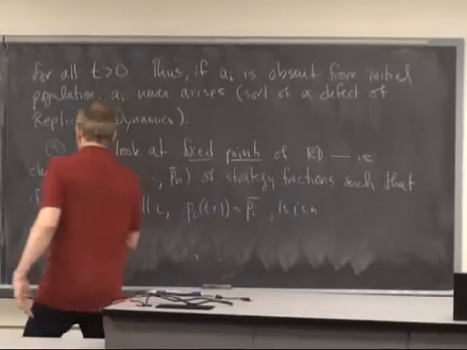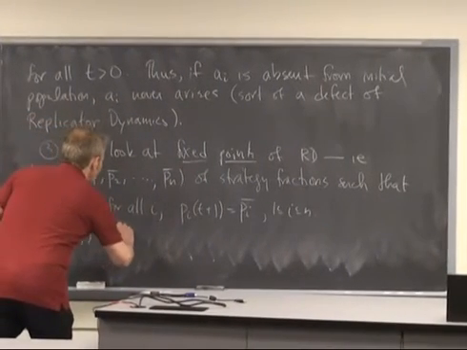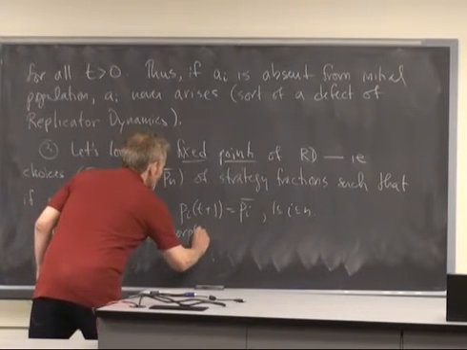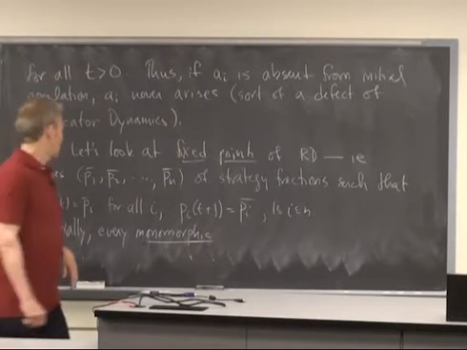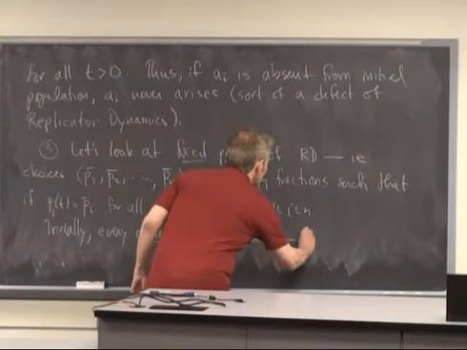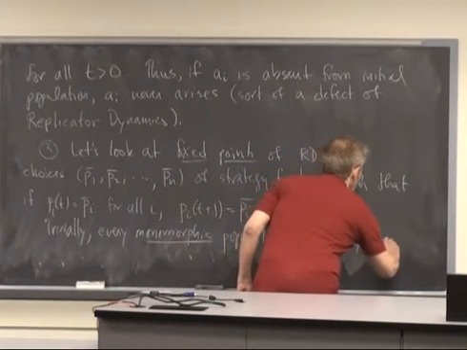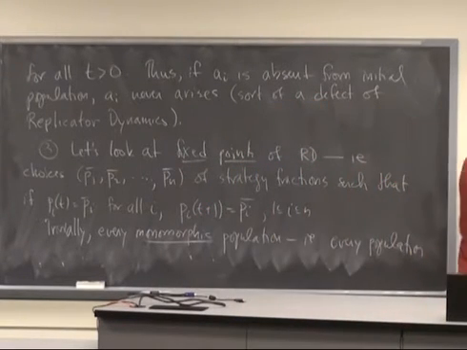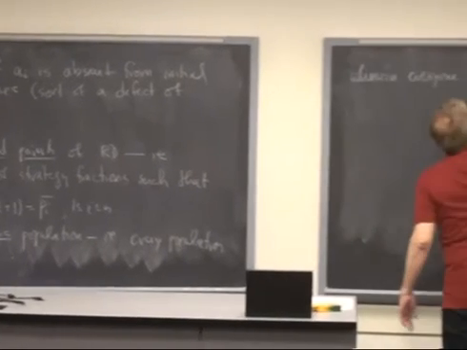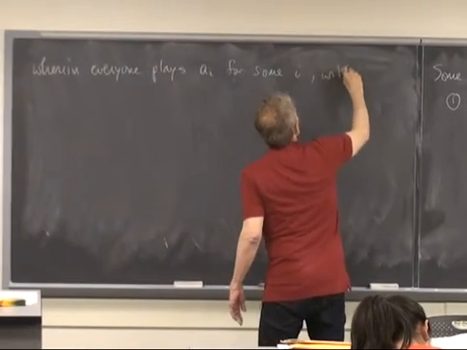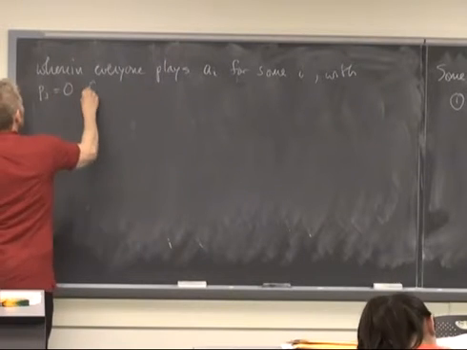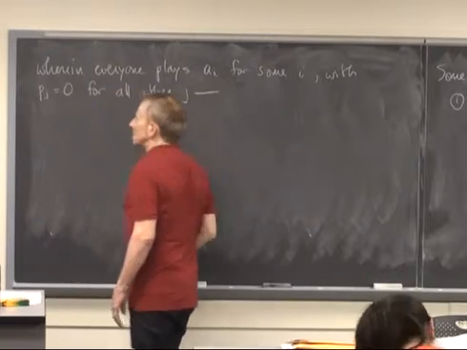So trivially, every monomorphic population, and here we're meeting up again with these things that we made friends or enemies with when we talked about GAs, every monomorphic population, that is to say, every population that features only one of the AIs, so every population where everybody is playing a sub i for some fixed i and all the other a sub j's are 0, so with p j equals 0 for all other j, is a fixed point.